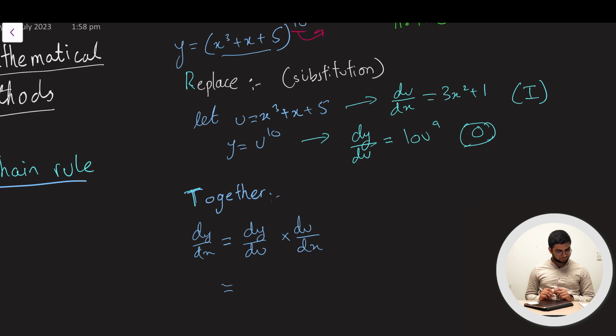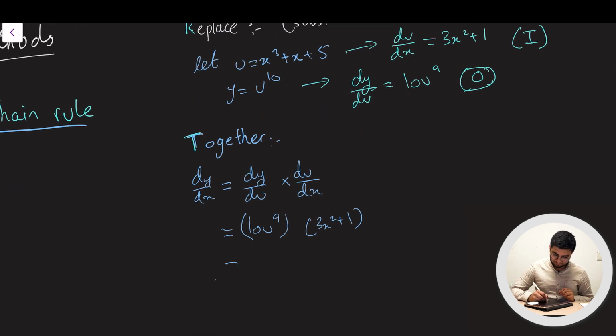Then let's substitute in what we have. Dy on du we found was this. Du on dx we found was this. Because of the x's, I'm going to get rid of this multiplication sign here, and we're just going to work with brackets. So that is what we have.